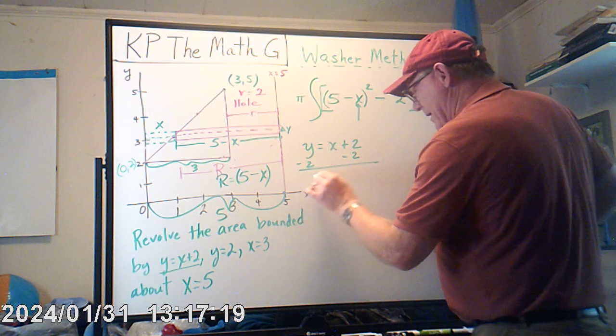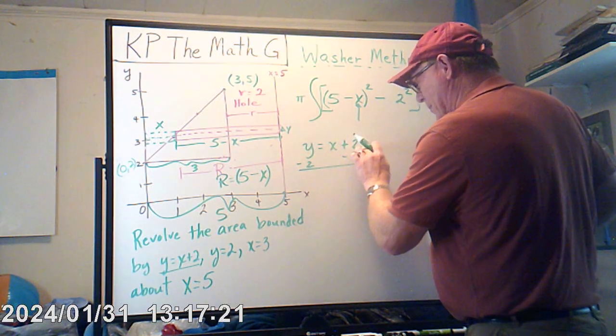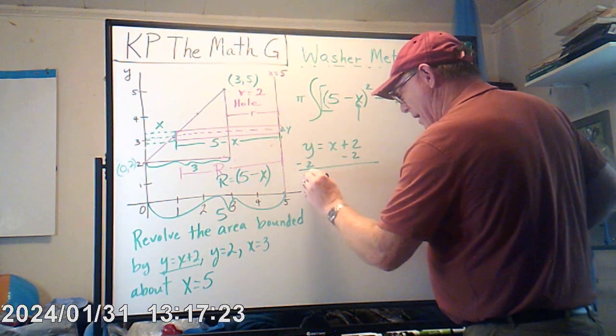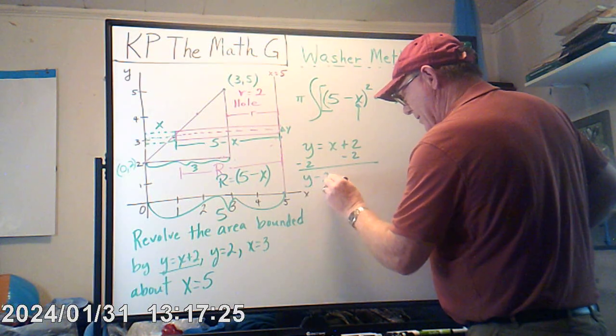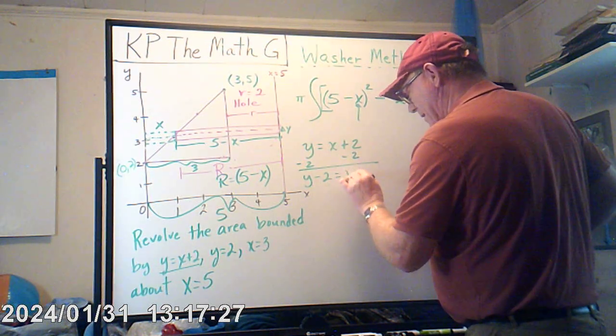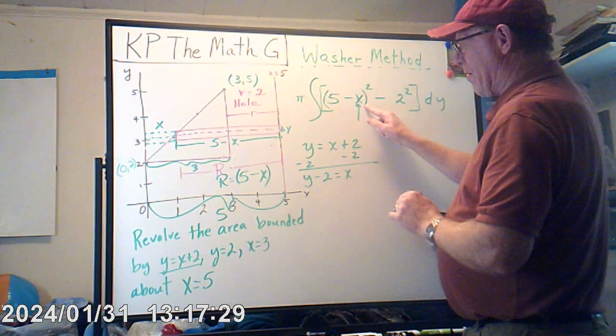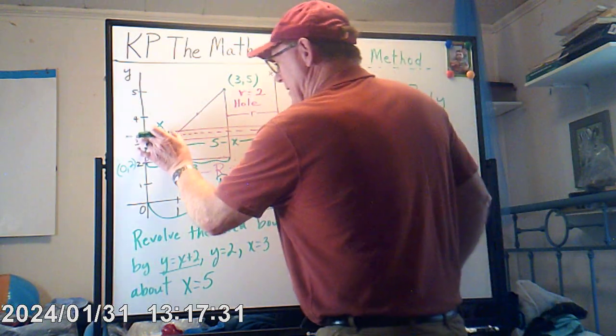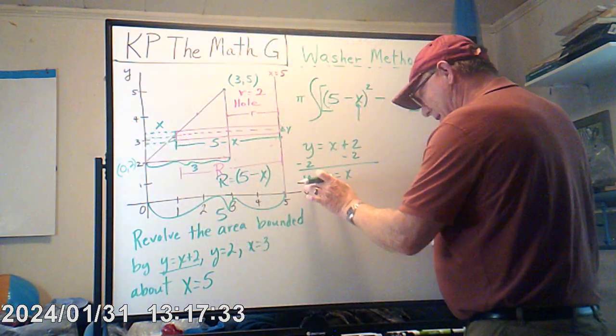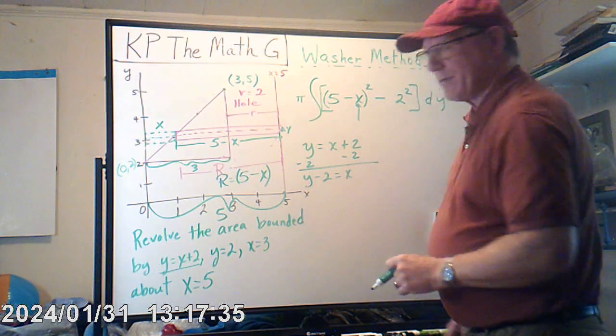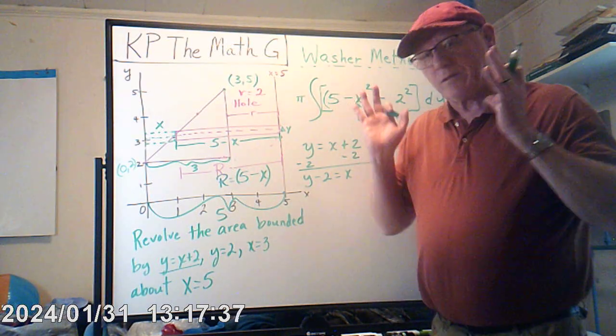That makes sense. If y is equal to x plus 2, then x is equal to y minus 2. That's what I'm wanting here. This is x. Well, what is x? It is y minus 2. So you have to do that.